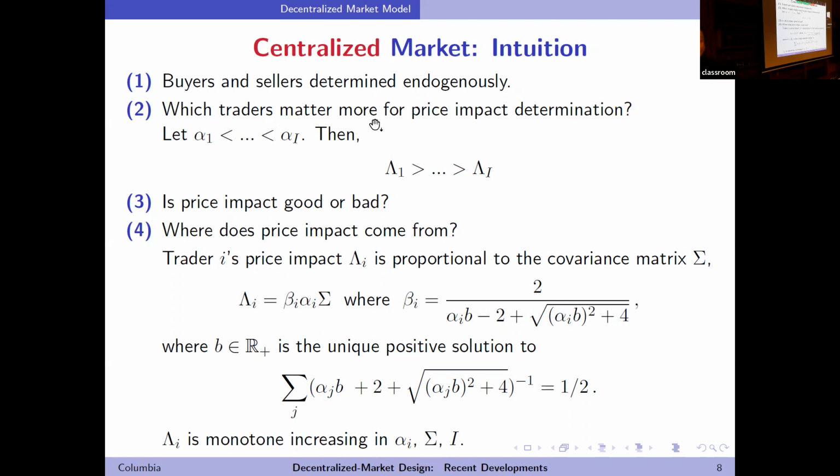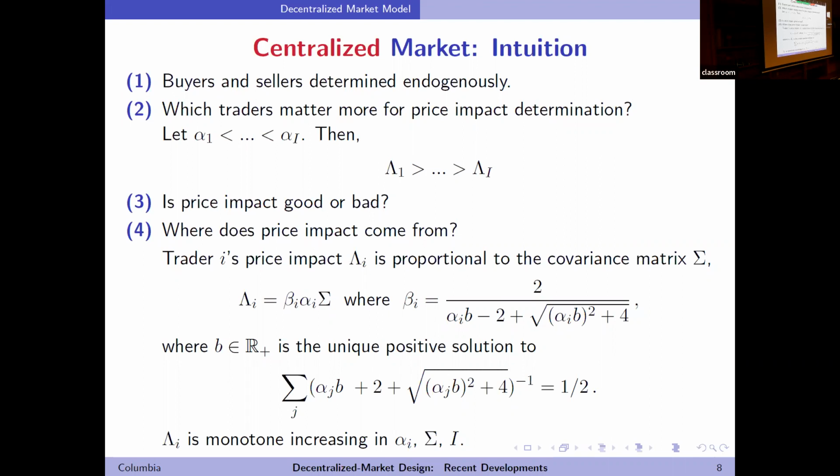But which traders are more important for my price impact determination? Let's suppose we rank traders by their risk preference. Then it turns out that we can rank their price impacts inversely. Why? Well, price impact is characterized as the harmonic mean of inverse demand slopes. The harmonic mean has a property that it puts a higher weight on lower elements. So traders with lower risk aversion will matter more for my price impact determination.